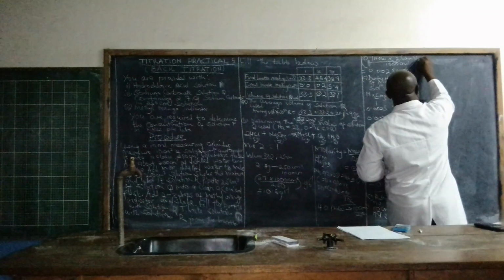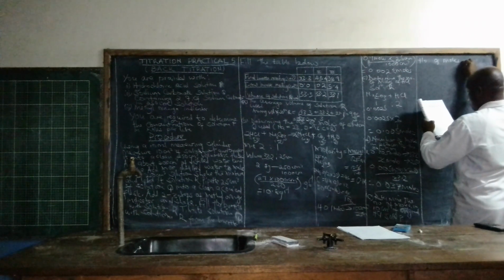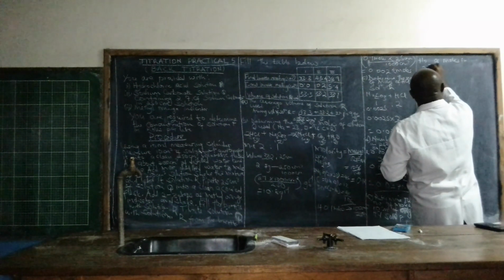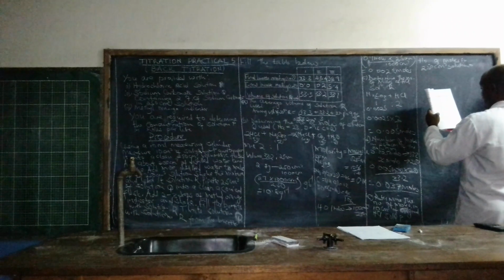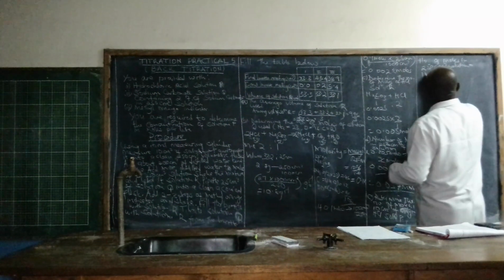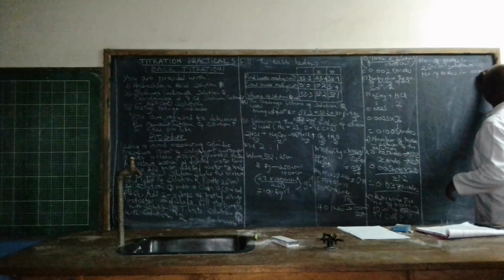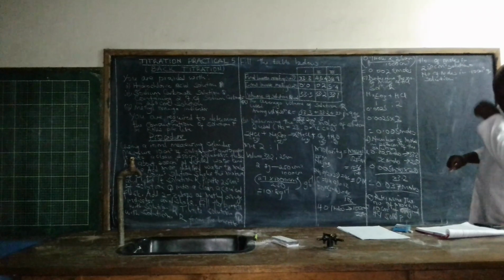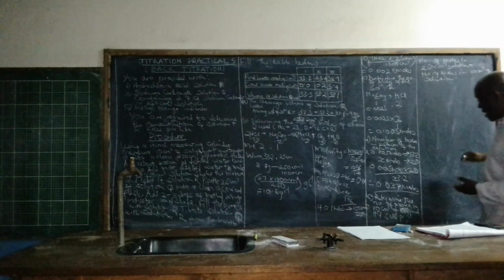We are just going to write that the number of moles in 250 cubic centimeter solution is equal to the number of moles in 10 cubic centimeters of solution M. Because of the mole ratio, we have already calculated this.